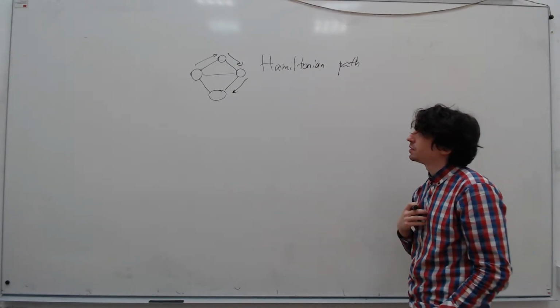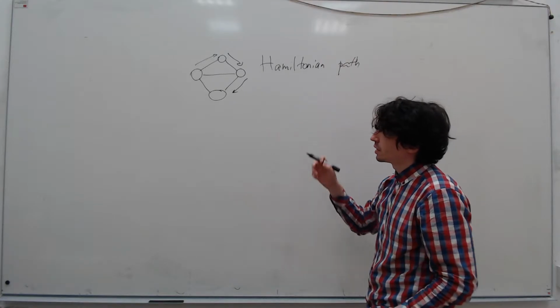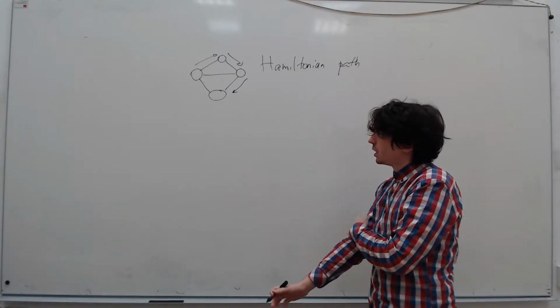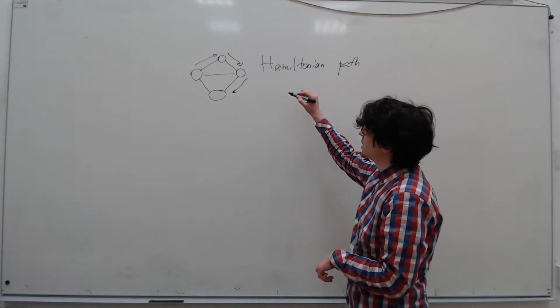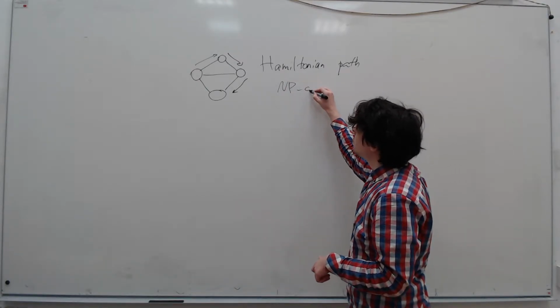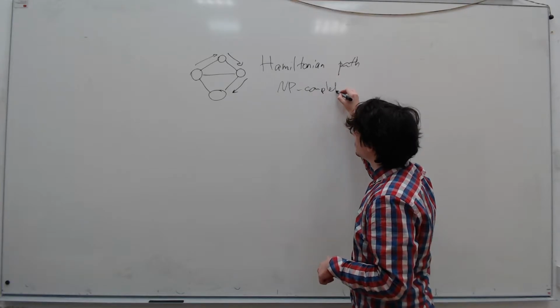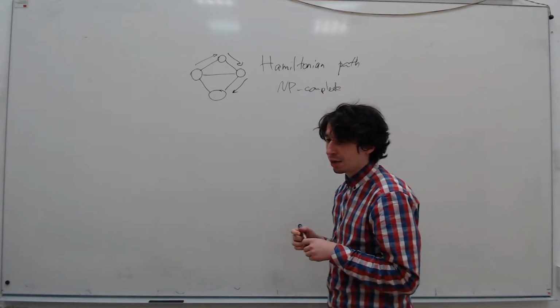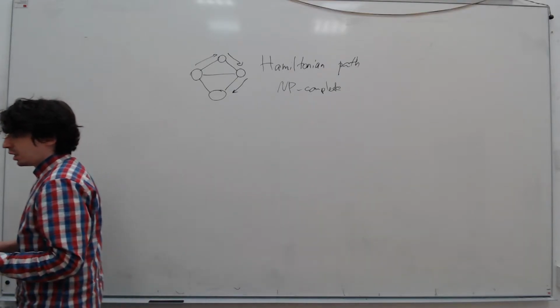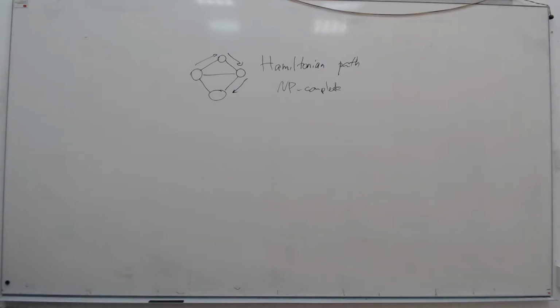This is the Hamiltonian path, where you start somewhere and end somewhere. Finding the Hamiltonian path is NP-complete. This means that there doesn't exist any known polynomial algorithm that solves this problem.